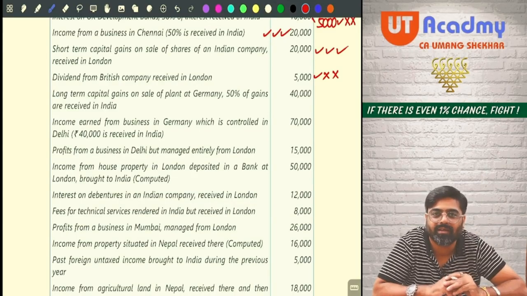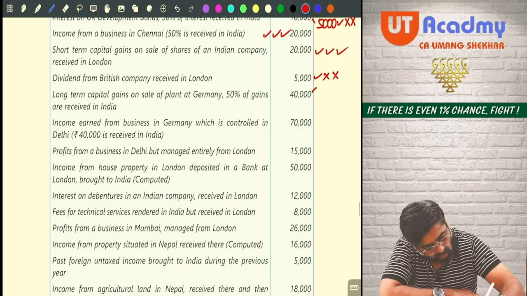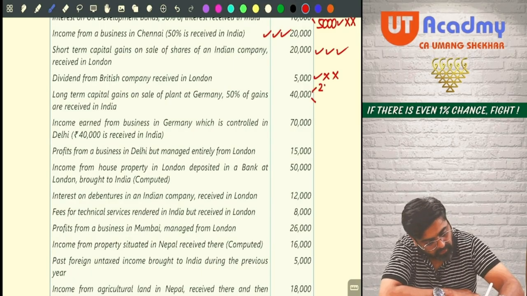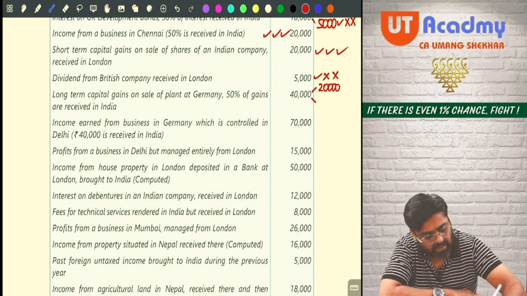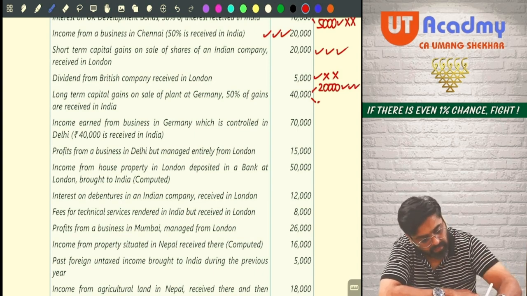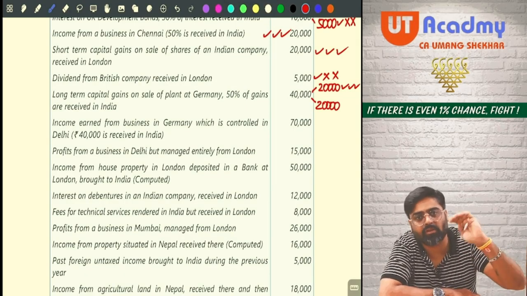Got it? So what you will do: the 40,000 will be divided into two parts. Out of 40,000, the 20,000 which was accrued outside India was received in India, hence it is Indian income. Tick, tick, tick. But the other 20,000 is accrued outside India, and if nothing is mentioned, it is also received outside India.